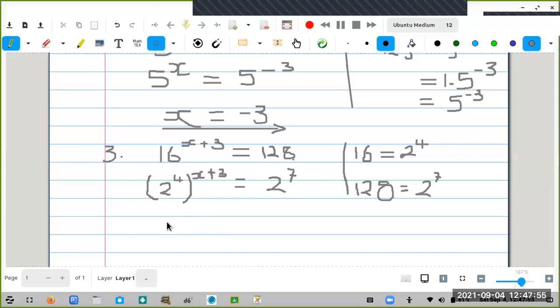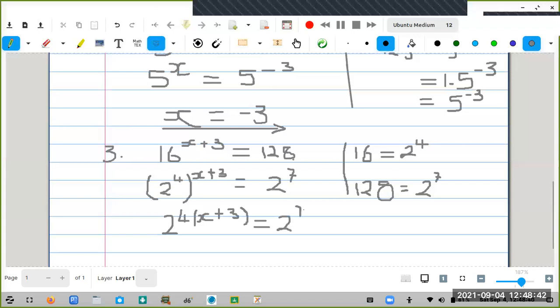So when we have such a situation, remember 2 or more exponents raising the same base will multiply each other. That's the laws of exponents. So the 4 is going to multiply the exponent x plus 3, and this is equal to 2 to exponent 7.